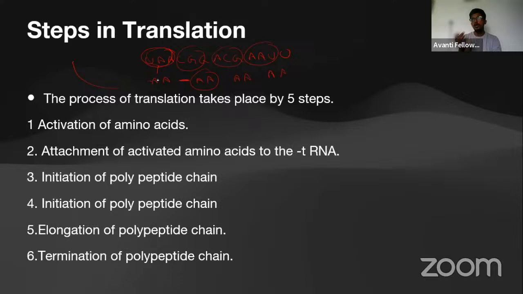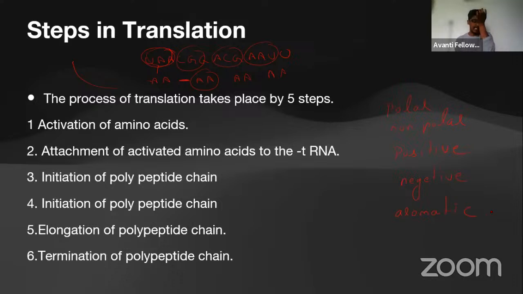The arrangement of amino acids is very important. Why? You know that not every amino acid is the same. Some of them are polar, some non-polar, some positively charged, some negatively charged, some aromatic.